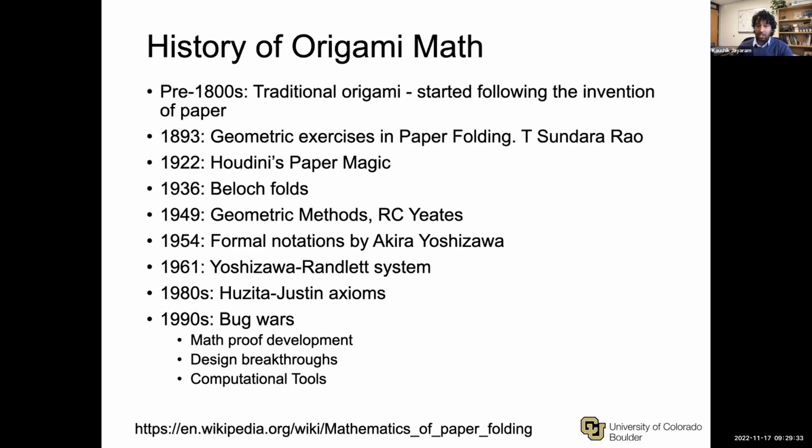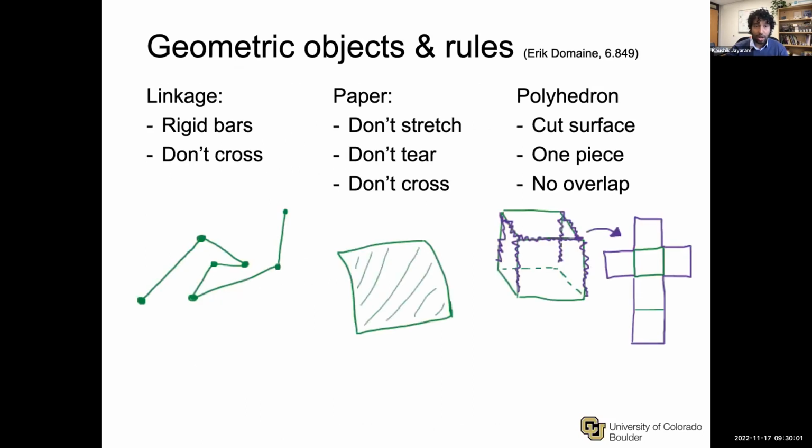Around the 80s, some of the first axioms for thinking about flat folding structures, which are the fundamental basis for origami elements, were formalized. And in the 90s and beyond, there have been a number of really impressive developments, thinking about mathematical proofs, design breakthroughs, and also a number of computational tools to help make this process of design simpler.